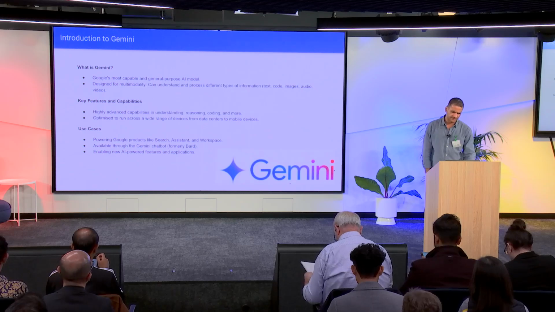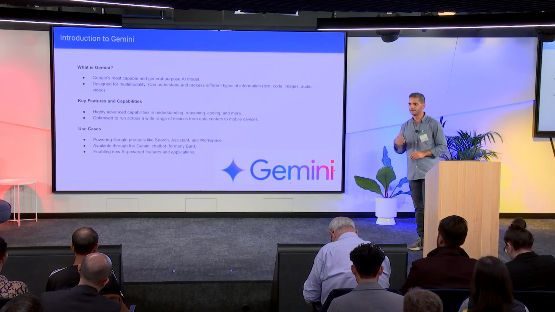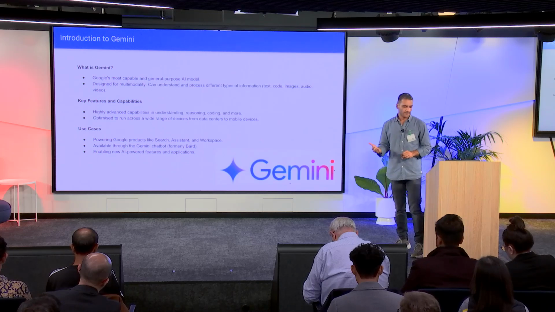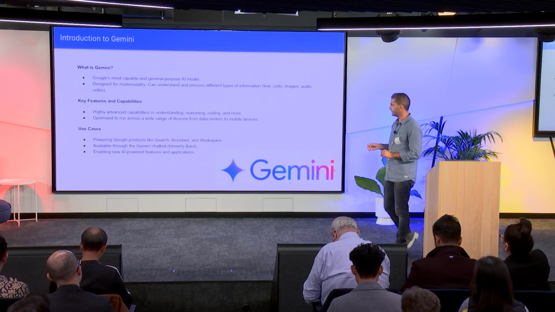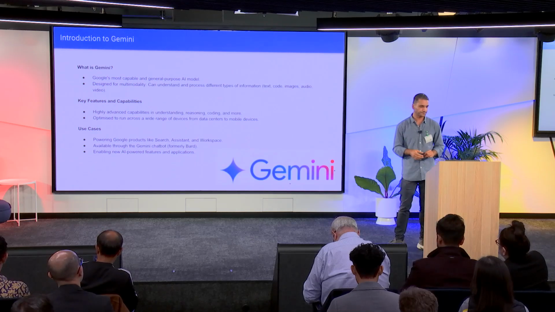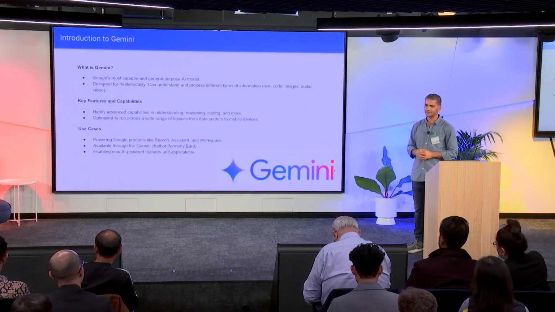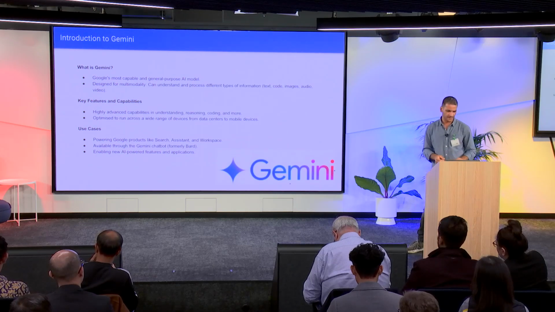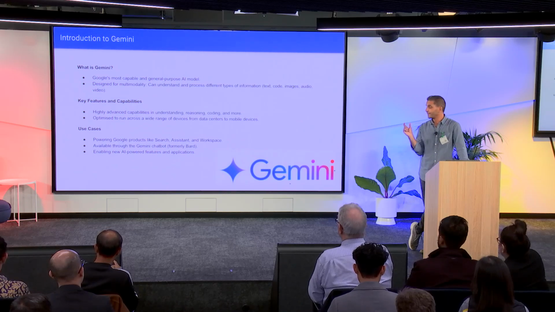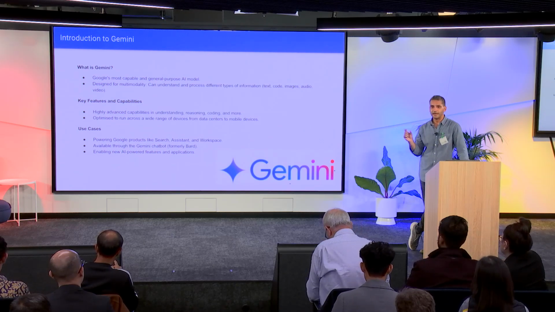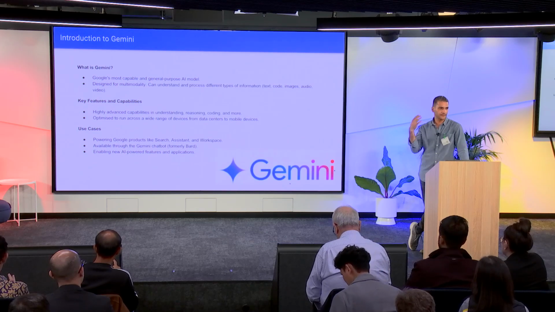Some of the key features are highly advanced capabilities in understanding, reasoning, coding, and much more, which we'll see in some of the examples in this presentation. Some of the use cases include powering Google products like search and assistance, and it is also available through a chatbot. We also have the API endpoint for Gemini that can be called programmatically.